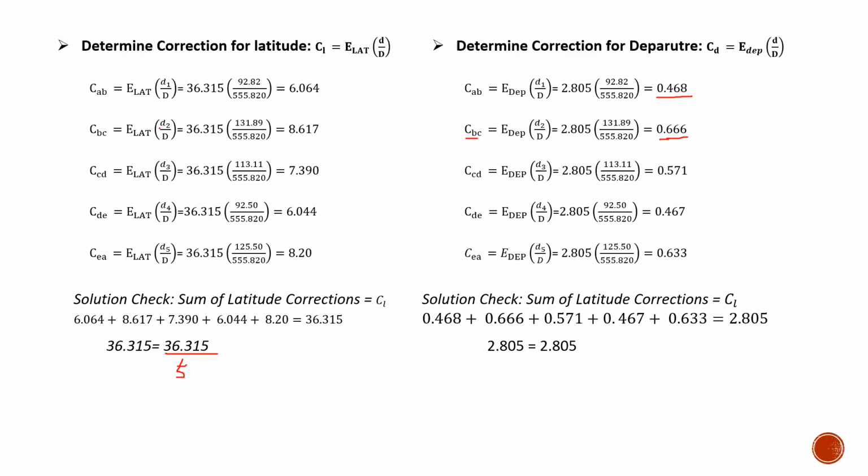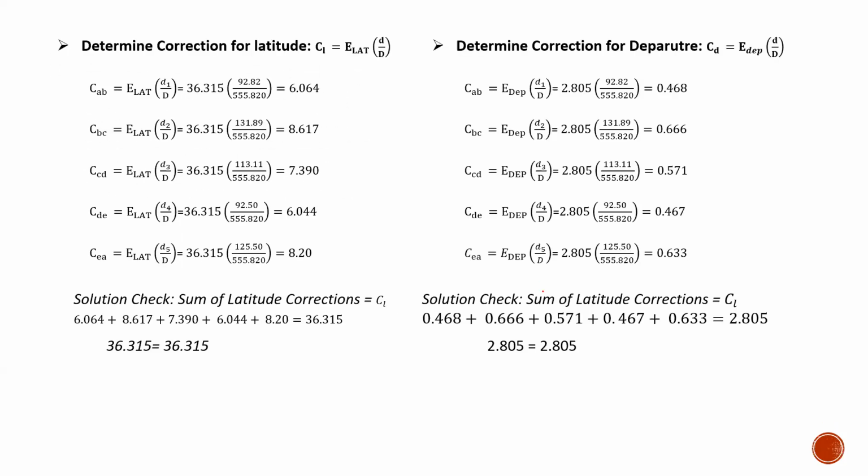As you can see here, di ba yung pinakamahabang length dito is the line BC, 131.89. Right? So, as you observe, siya yung may pinakamalaking i-correct, which is 8.617. So, it is directly proportional with its length. So, you can do that as one of your checking.